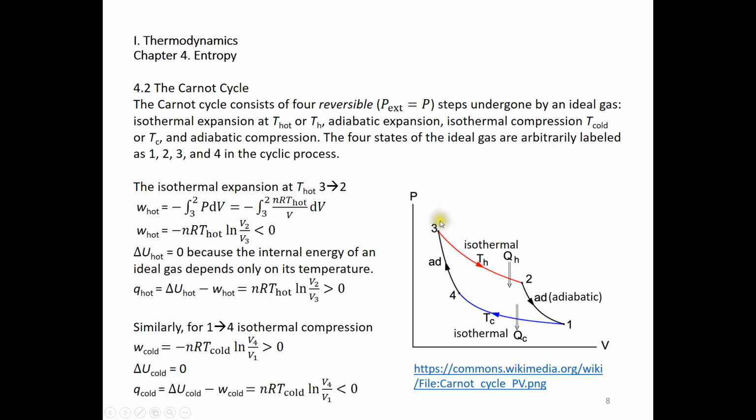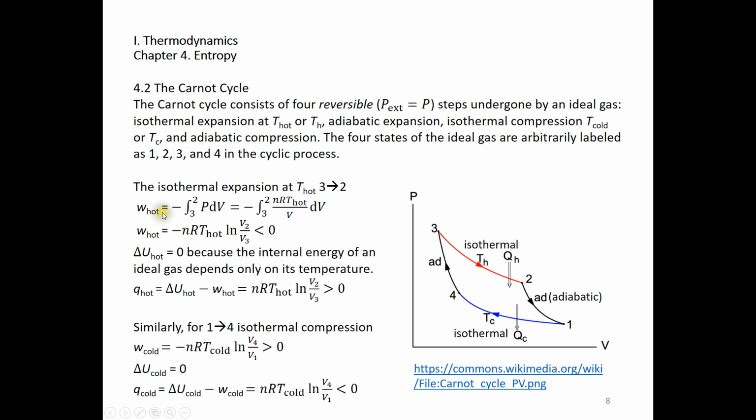First, let's look at this isothermal expansion from state 3 to state 2 at this temperature T hot. Because this is expansion, work should be negative, and we can derive the expression for work.